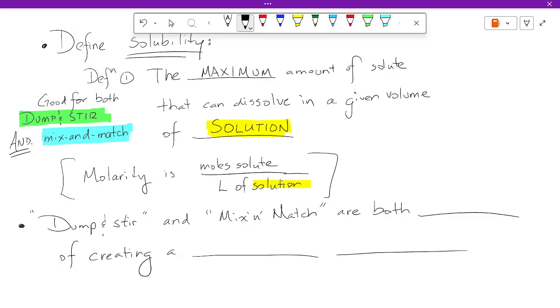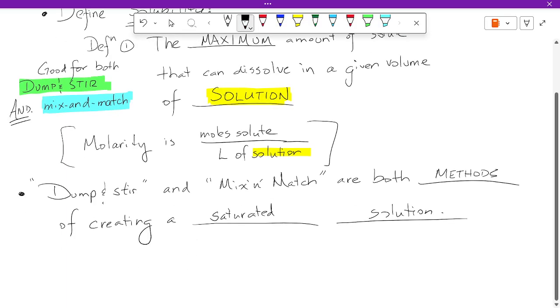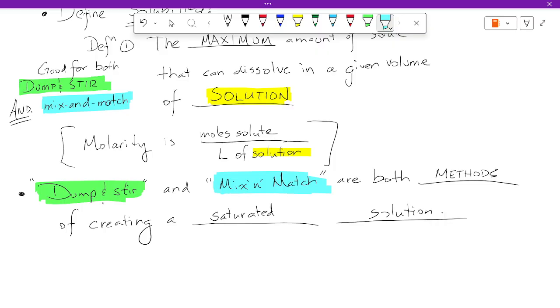Dump and stir and mix and match are both methods of creating a saturated solution. Yes. Please describe to your partner the dump and stir method.